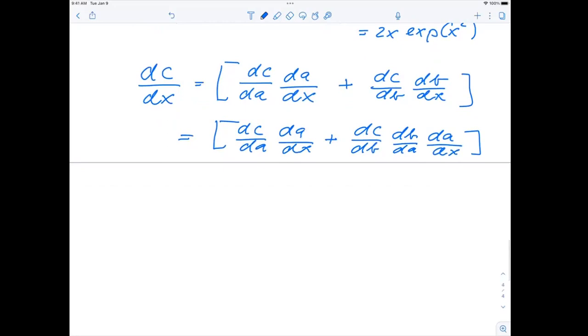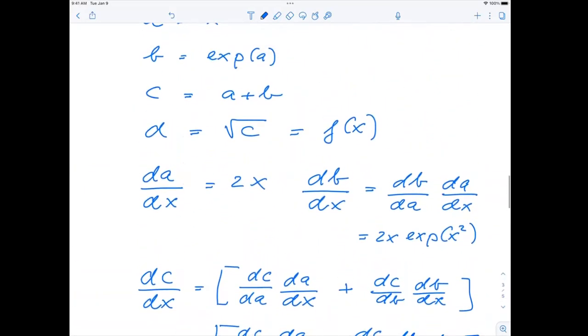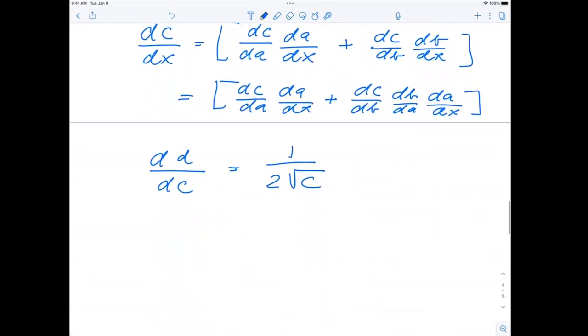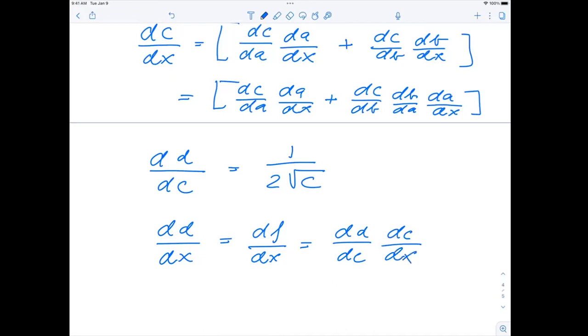The next step I need is then d of d with respect to c, and that's pretty easy to set up. So that's equal to 1 over 2 over square root of c. So if we look back at the definition of d, if I take the derivative of that one with respect to that, and if I now want to do the derivative of d with respect to x, which is the same as our function df of dx, this is obviously the same as d of d, dc, multiplied with dc of dx.